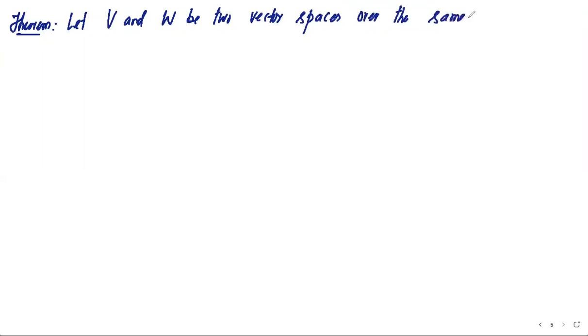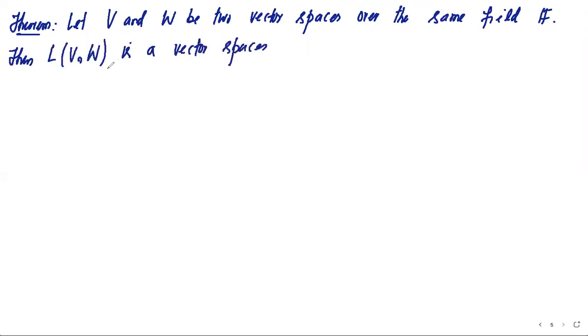Let V and W be two vector spaces over the same field F. Then L of VW is a vector space.